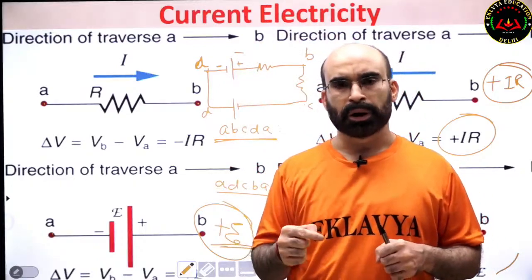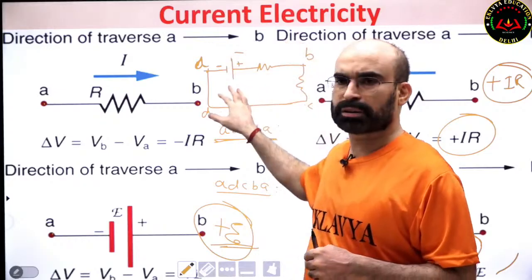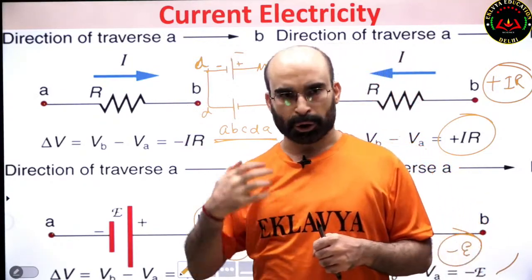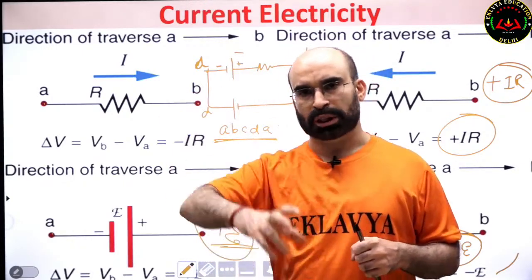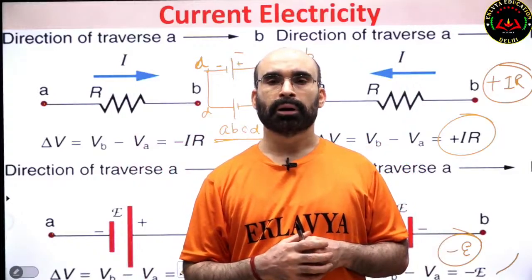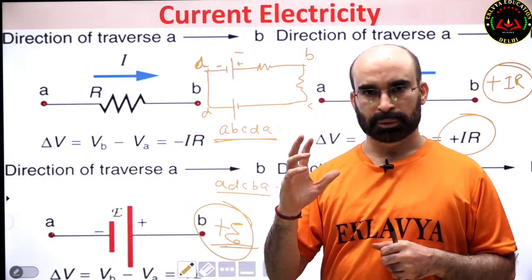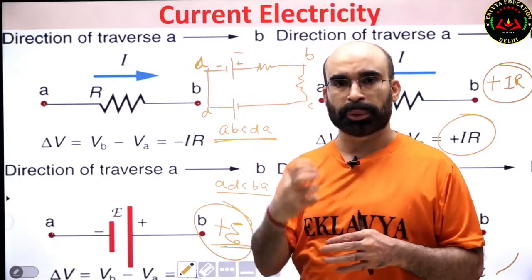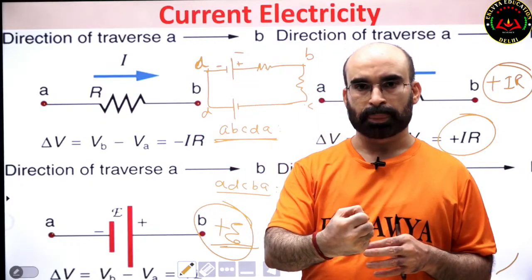Inside the loop, considering cells and resistors, total energy supplied by the supplier equals total energy consumed by the consumer. The resistors are consuming, cells are providing the energy.